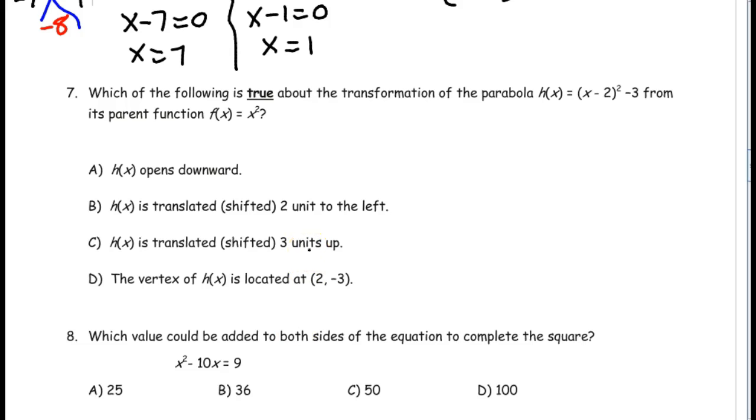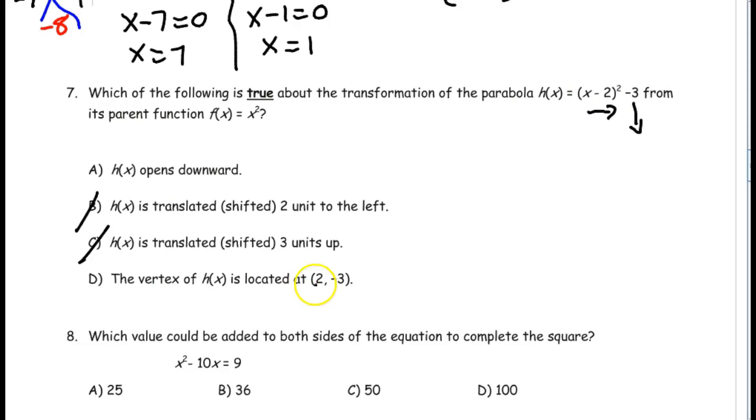Okay. So right here, the -2 shifts it to the right, and the -3 shifts it down. Okay. So this is going to be shifted, let's see, or translated not up, right? It's going to go down because it's -3, right? It's shifted to the left. No, it's shifted to the right because negative on the inside means to the right.